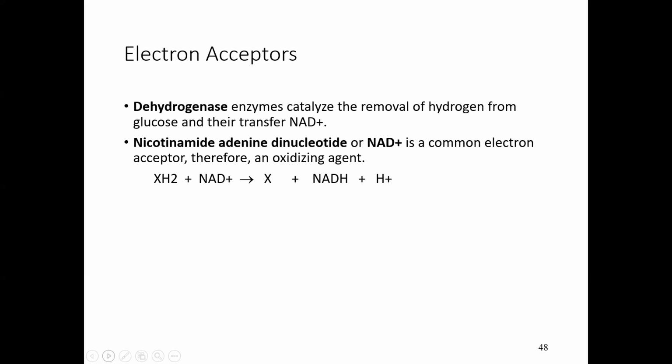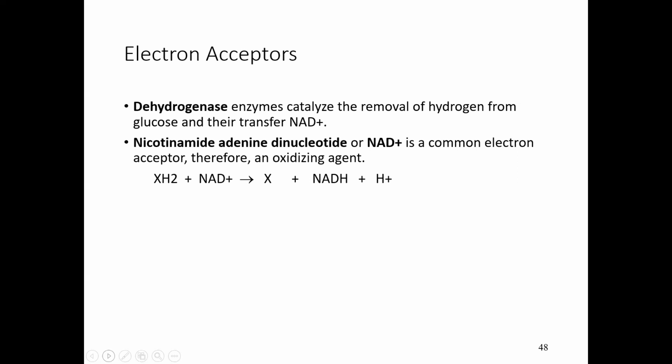Dehydrogenase enzymes strip hydrogens away. We take the hydrogens off of the glucose, and we take their electrons with them. So the dehydrogenase enzymes take the glucose, strip off the electrons, strip off the hydrogens.